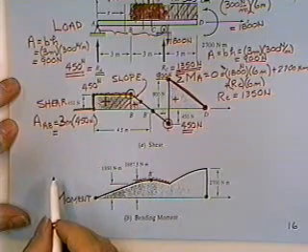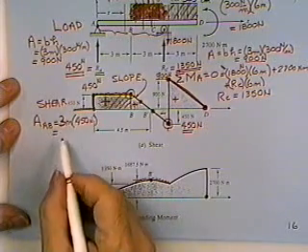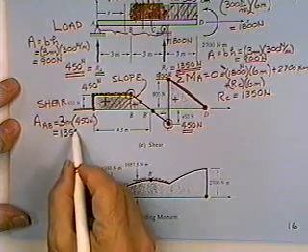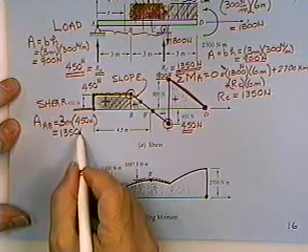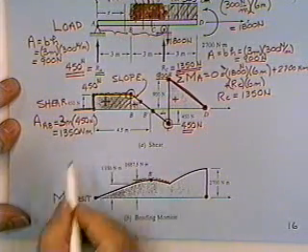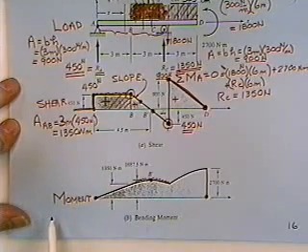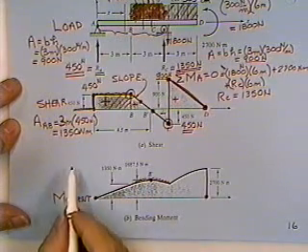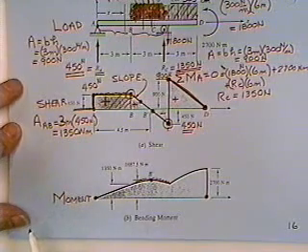So the area between A and B is 1,350 Newton meters. It's kind of nice that area has the units Newton meters, because he said he would tell us what to do on the moment diagram, and those areas have the proper units, Newton meters.